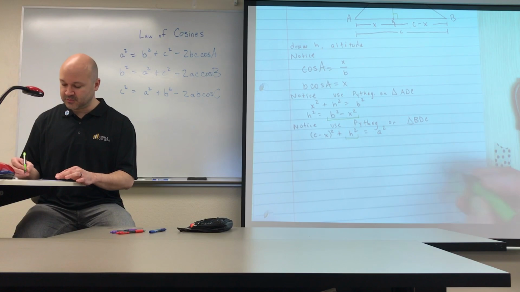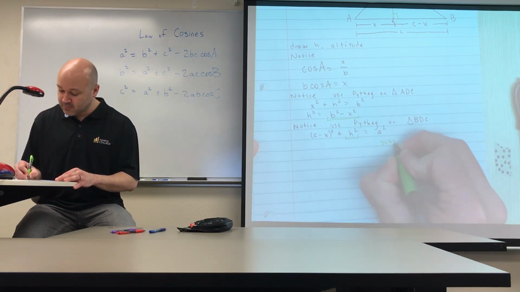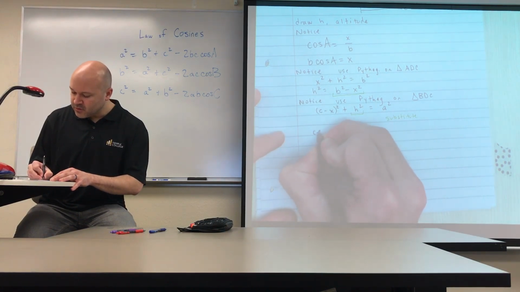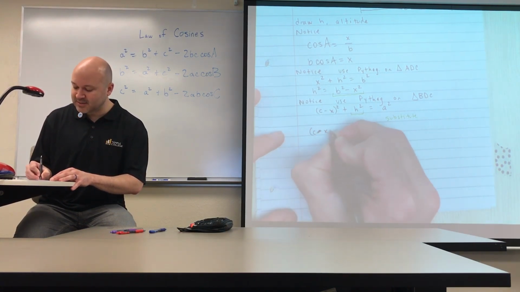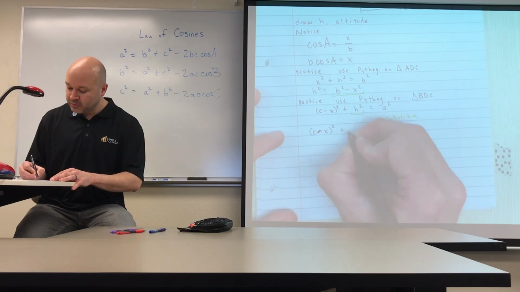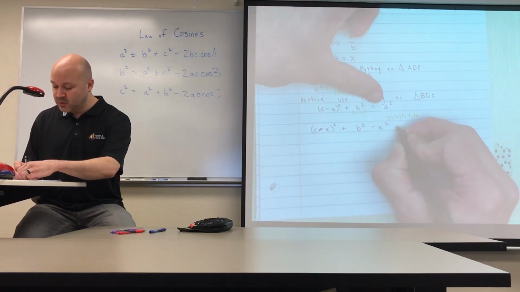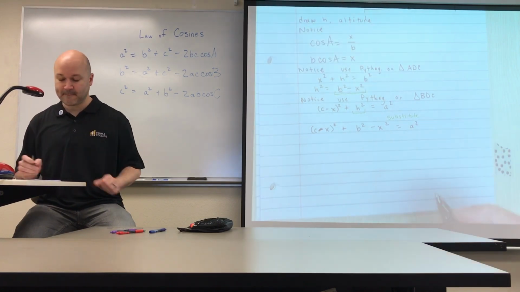So I'm going to make that substitution. So I have the quantity (c minus x) squared plus b squared minus x squared, and that is equal to a squared.